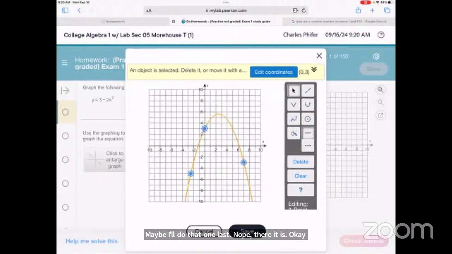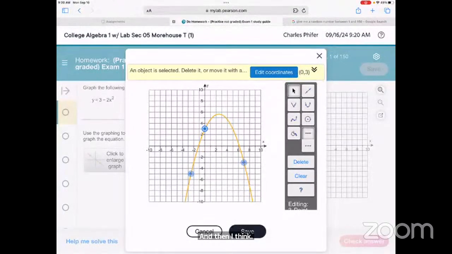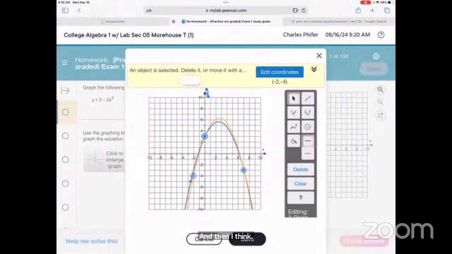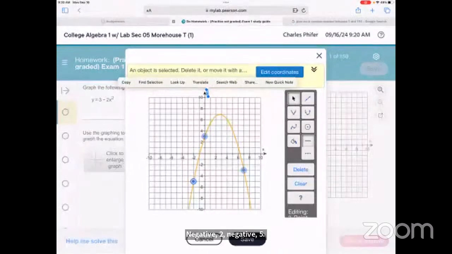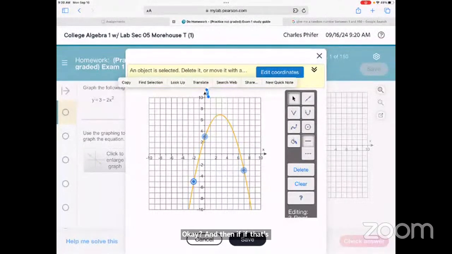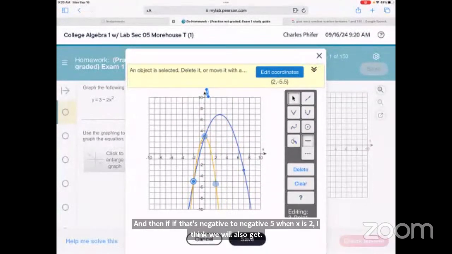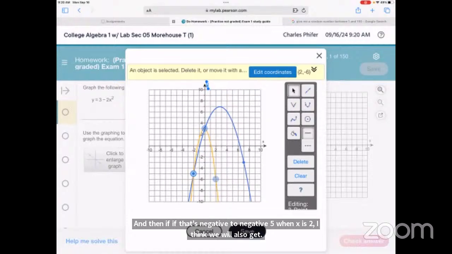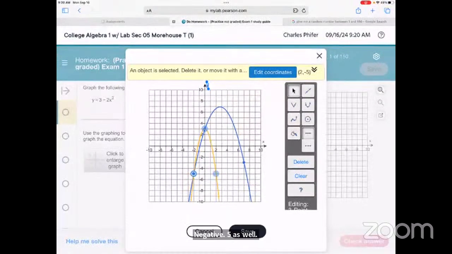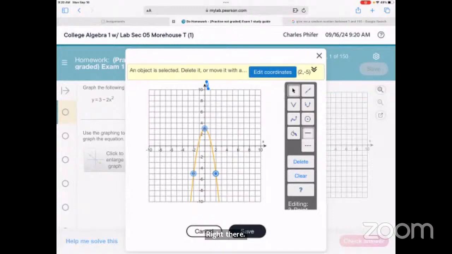And then I think, wait a minute, this doesn't look right. -2, -5. Okay. And then if that's -2, -5, when x is 2, I think we'll also get -5 as well. Right there.